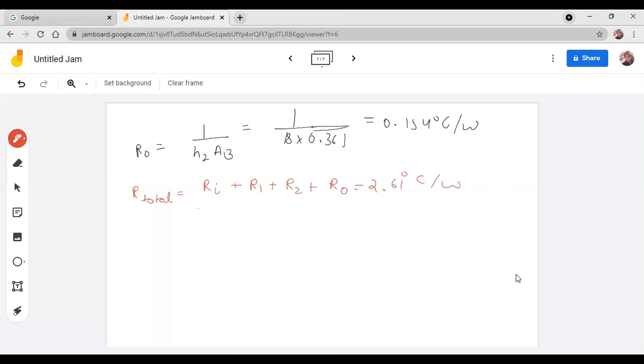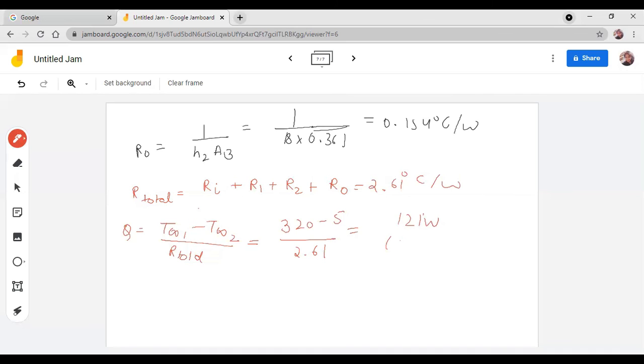So now we'll look at the steady rate of heat loss from the steam, which is T infinity 1 minus T infinity 2 upon R total. This will be equal to 320 minus 5 upon 2.61, equal to 121 watt.